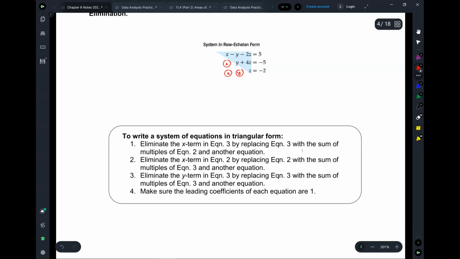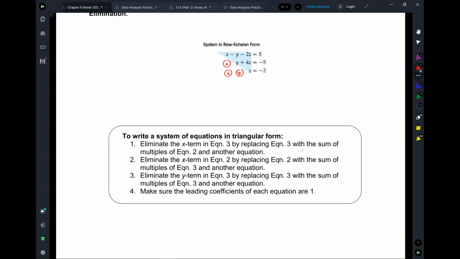Those are the ones that needed to be eliminated. There is more than one way to solve these, obviously. Over the years, I've come up with an order that seems to be the most efficient, so that's how I want to teach you guys how to do it today.